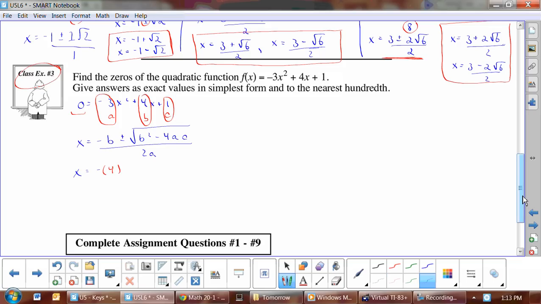So we get negative 4 plus or minus the square root of 4 squared minus 4 times negative 3 times 1. Okay, so we'll get x is equal to negative 4 plus or minus what goes under that square root sign.